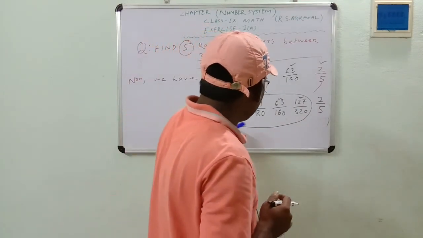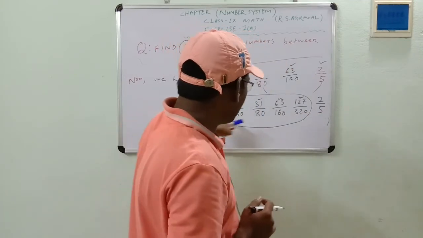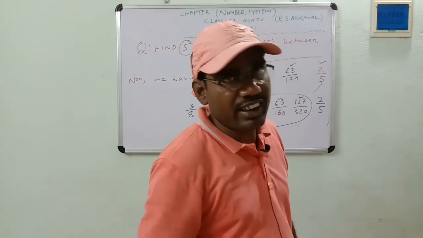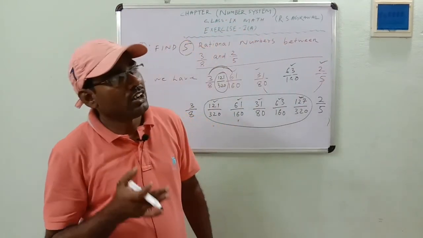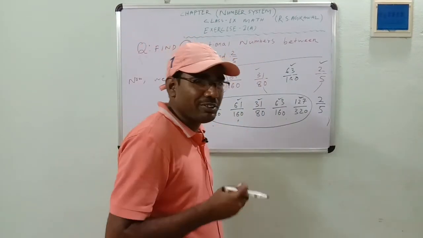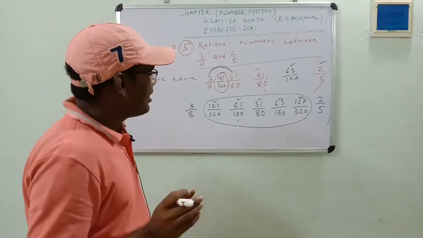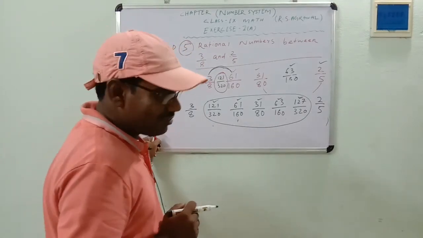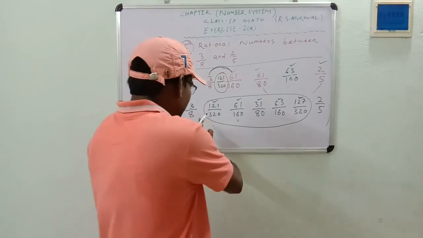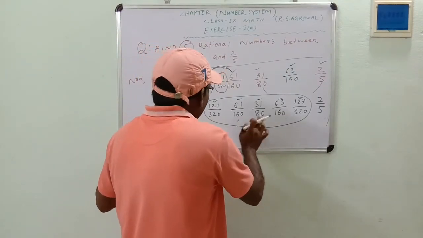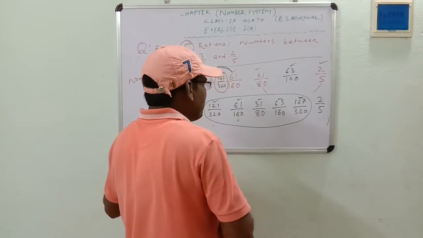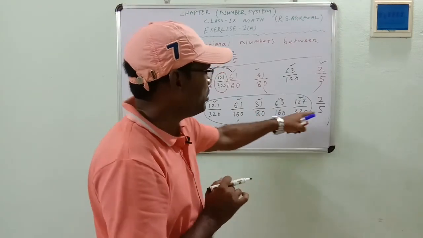As all the rational numbers are in ascending order. Ascending order means smallest to biggest. Students, I can't speak Hindi very well, so you have already found 5 rational numbers between these two given rational numbers.